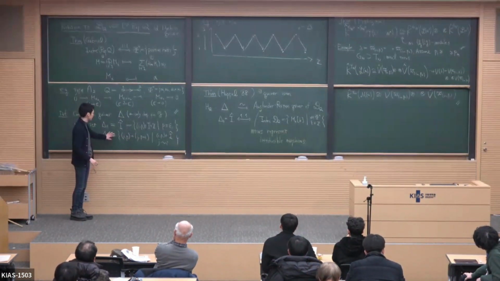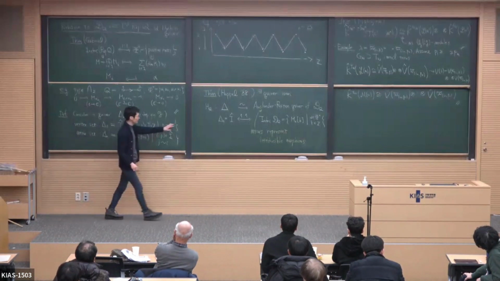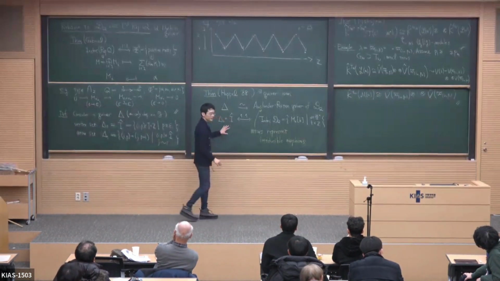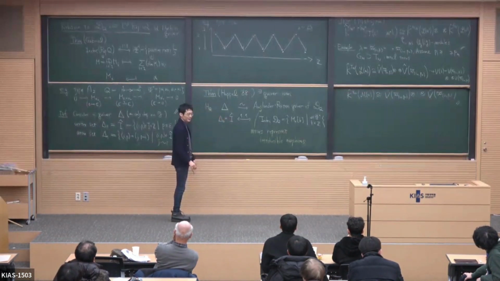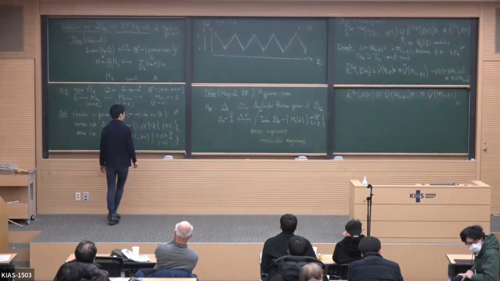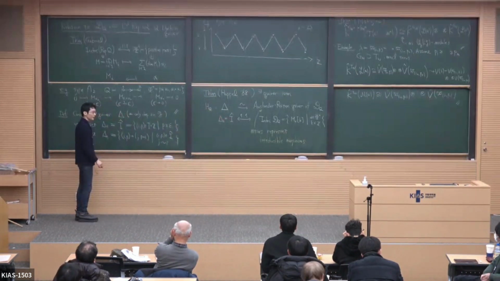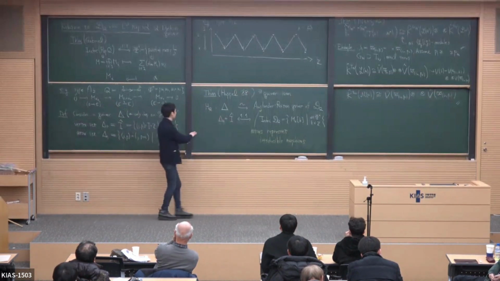So this doesn't depend on the choice of Q, but this isomorphism depends on the choice of Q. Yes, I will explain in the example.